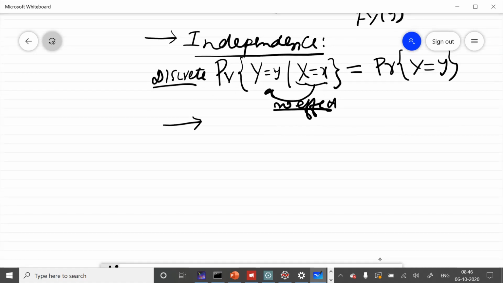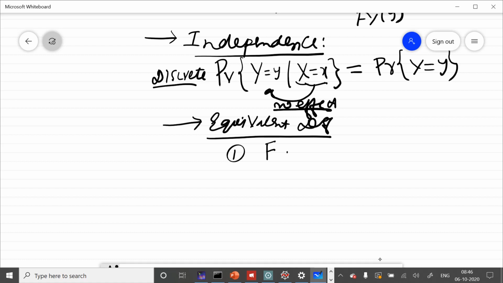So here are equivalent definitions. Definition 1: if the conditional CDF of Y given X is the same as F_Y of y.